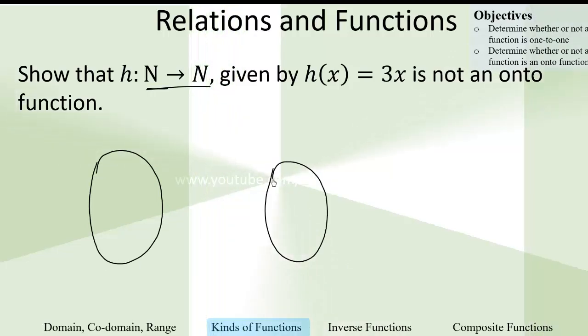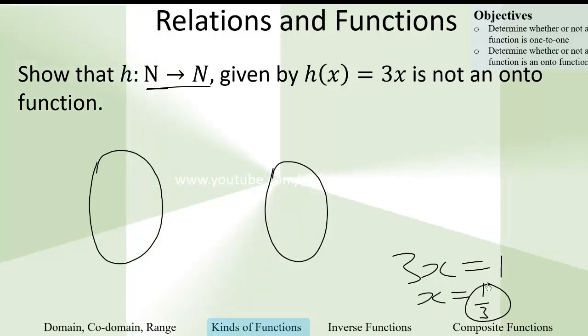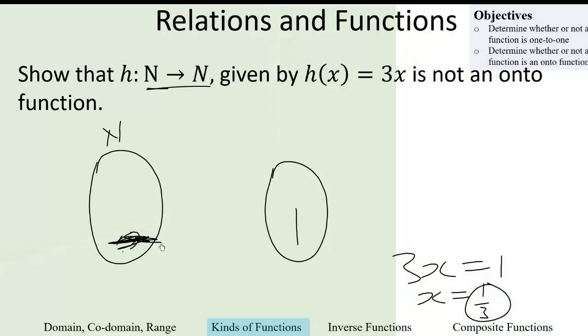So let's say we have 3x is equal to 1, and x will be equal to 1 over 3. Now 1 over 3 cannot belong to the set of natural numbers. So there will be an element here that does not have any number to map on in the domain. Therefore, h of x equal 3x is not an onto function.